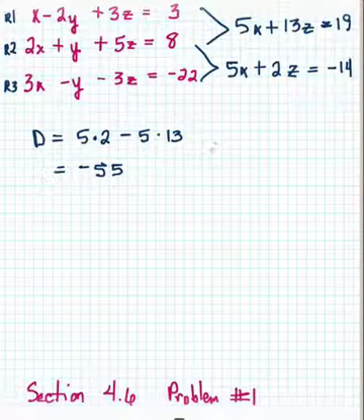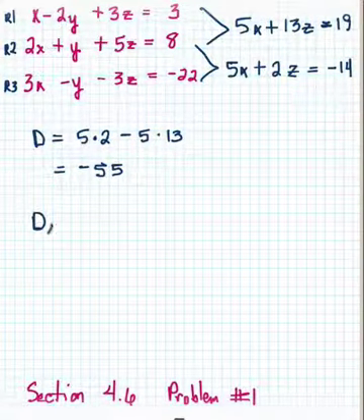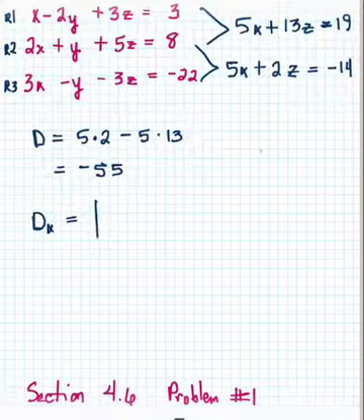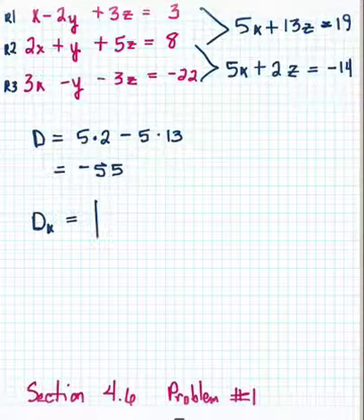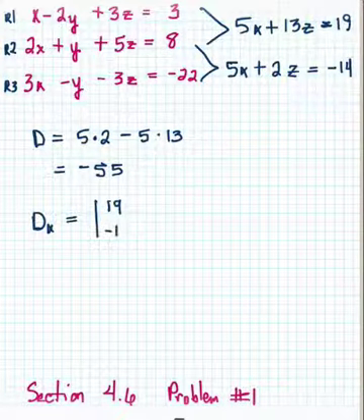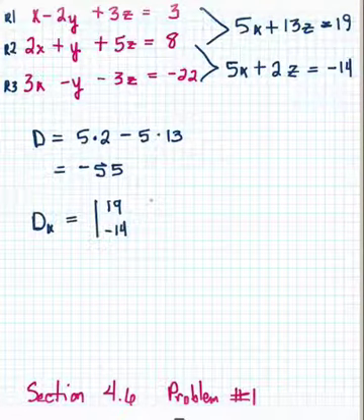Negative 55. All right. Now Dx, the determinant with respect to x, let's do it this way. I think this is Cameron's way, but I think it's the book's too. It's the best way to do it, really. Replace the x coefficients here with a 19 and a negative 14. So replace the x with 19 and negative 14, and then the z terms are going to be 13 and 2.